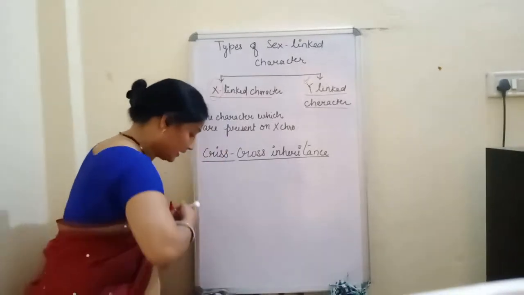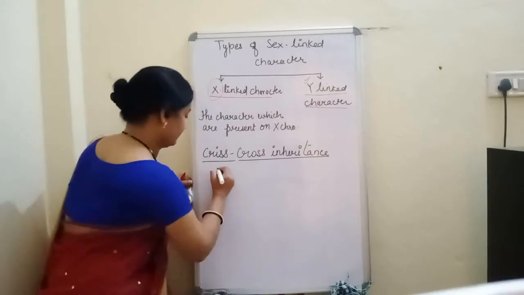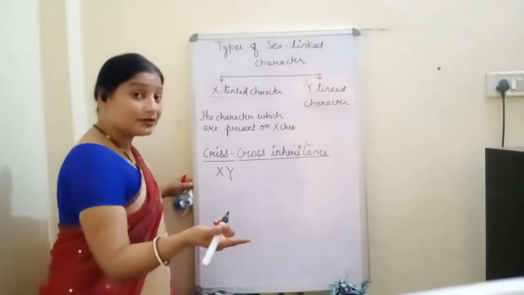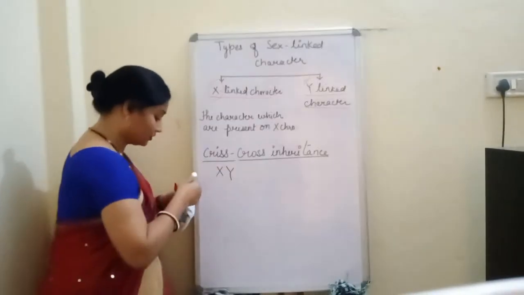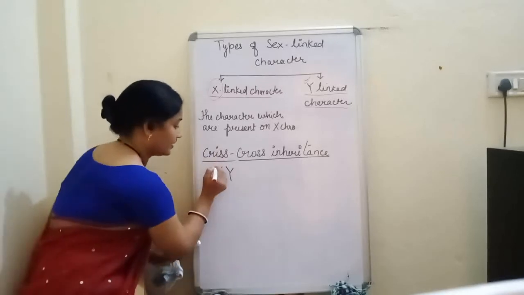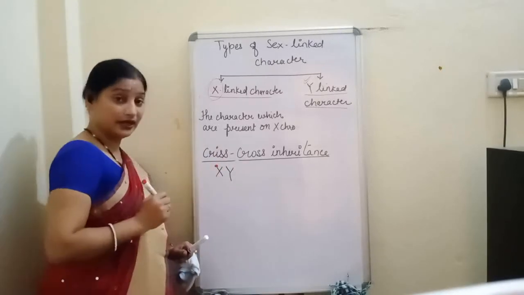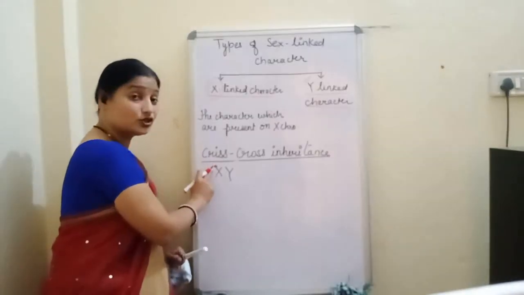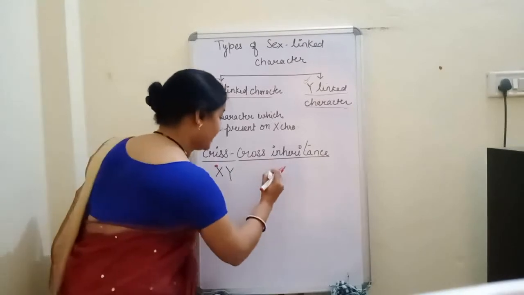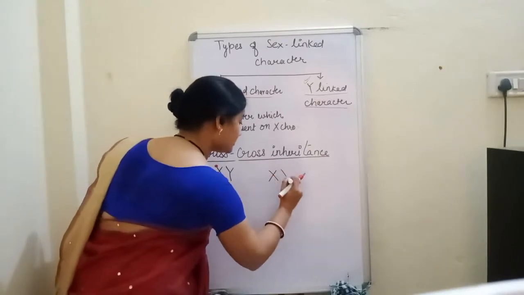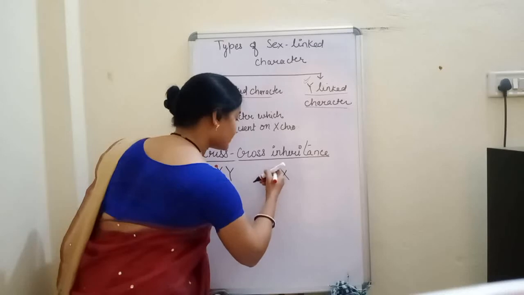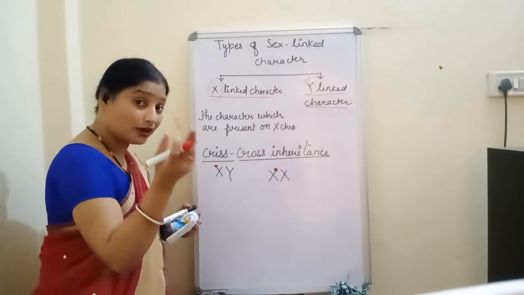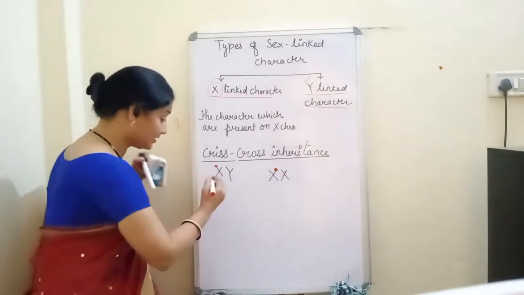Suppose the father is having some characters on the X chromosome. Okay? If the father is having some characters on the X chromosome, and suppose this is the mother, and the mother's one X is also having some, then what happens in the next generation?